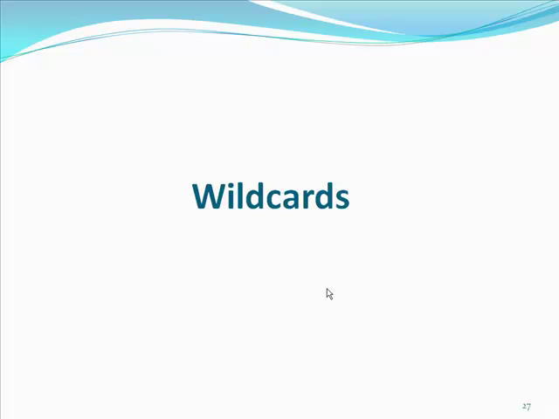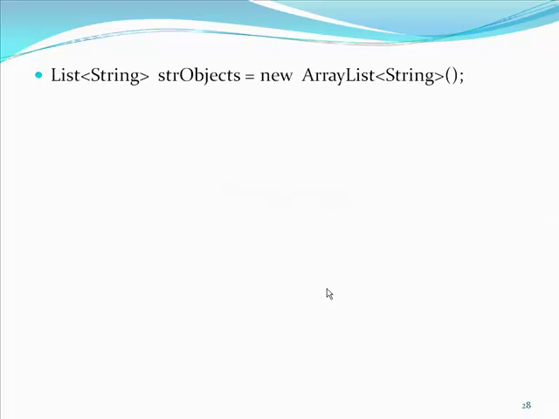Wildcards. The following section explains the usage of wildcard characters in generics. For example, consider the following. List<String> strObjects = new ArrayList<String>(); The above line declares an array list with the type being the string type.